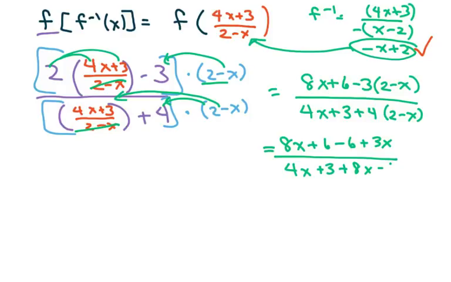Oh, this is plus 8, sorry. Plus 8, that's what happens when I don't look what I'm doing. Okay, minus 4x. So basically, let's see what we can cancel out. We can cancel those out. That zeroes out, that zeroes out. So you get 11x over 11, which equals x, which is our desired result.